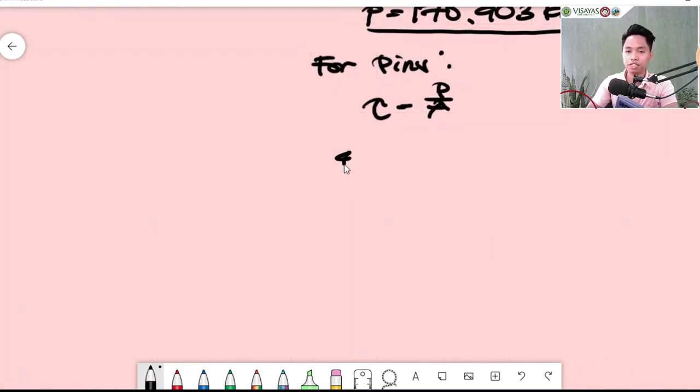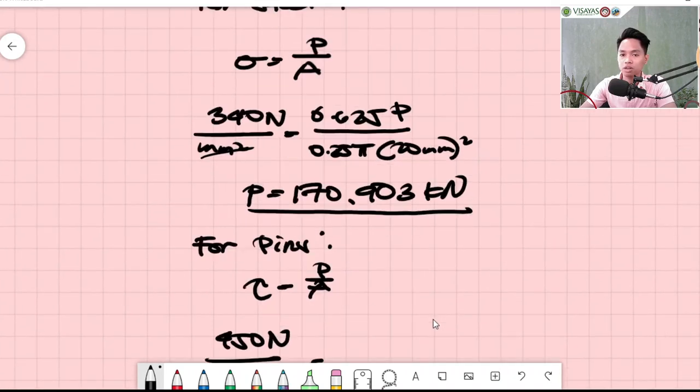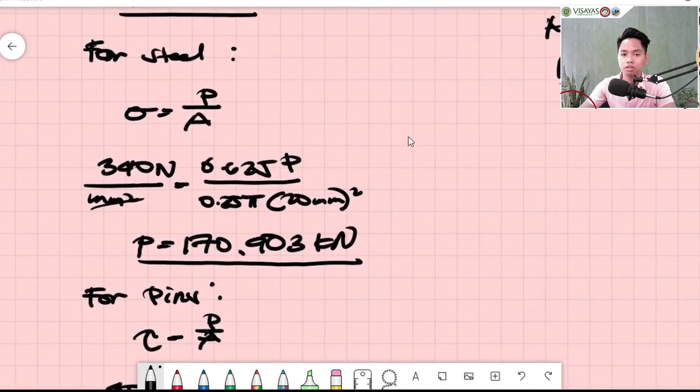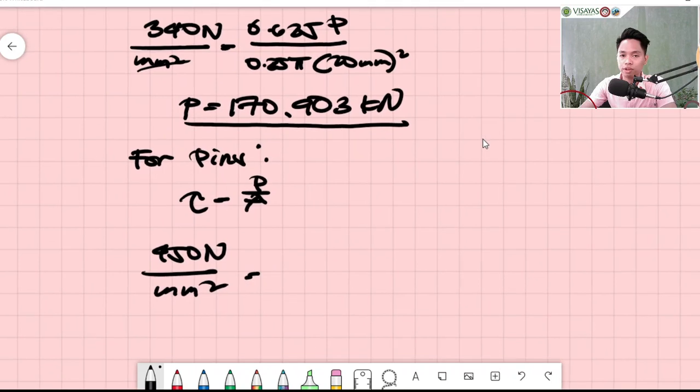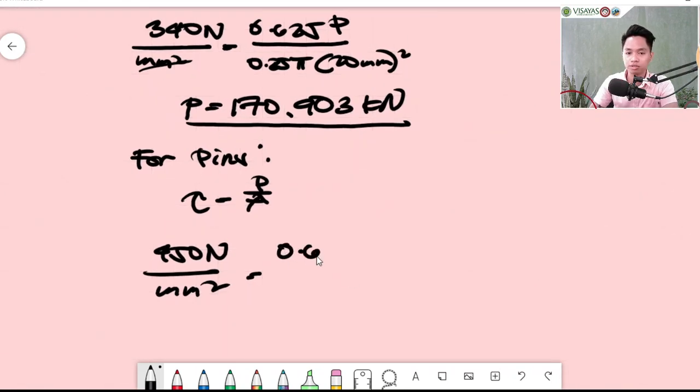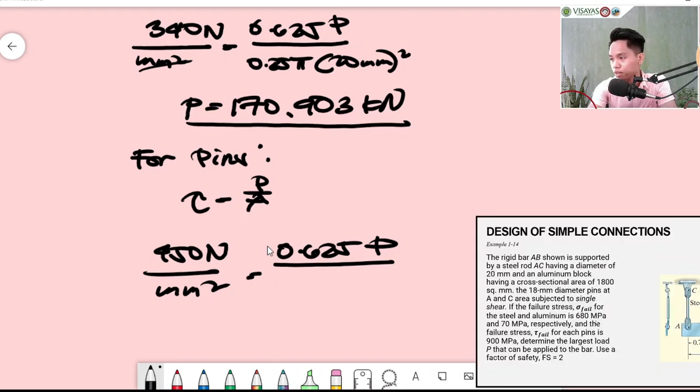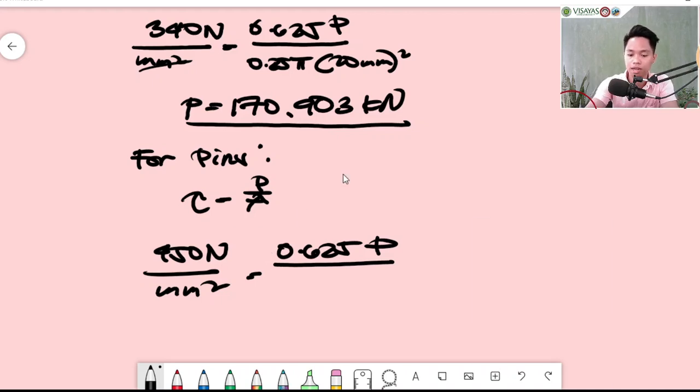For pins, we are going to use the value of 450, right? So 450 Newton per mm squared is equal to your shear force. Since it is single shear, that would be equivalent to your AC again, 0.625 P, over the area with diameter 18 mm, so 0.25 pi 18 mm squared.